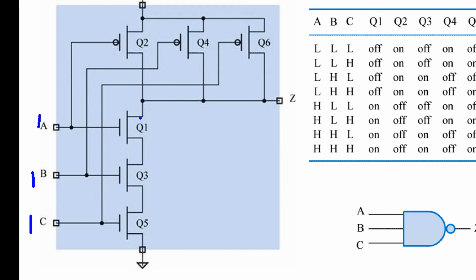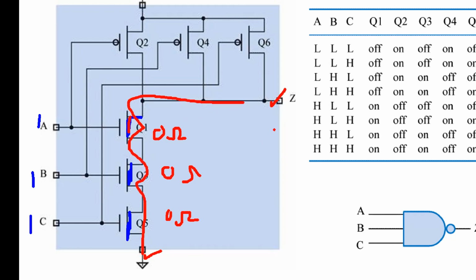This transistor turns on, and an N channel will be generated. For the ideal transistor, this channel will have 0 ohm resistance. This one also 0 ohm, all of this 0 ohm. So the output connects to ground directly with this 0 ohm path. That means output is 0 now.